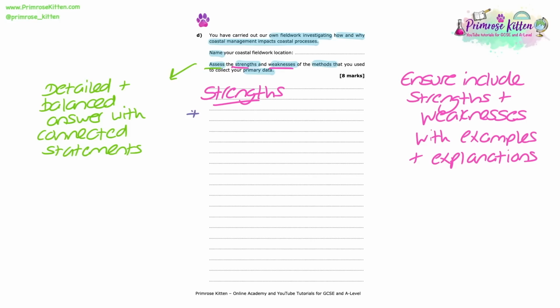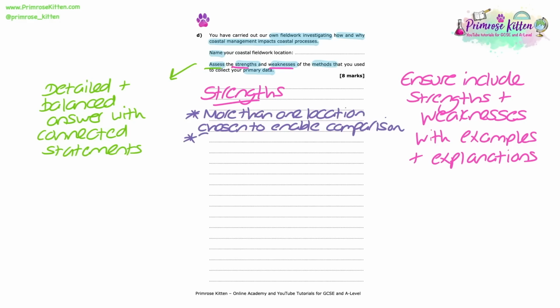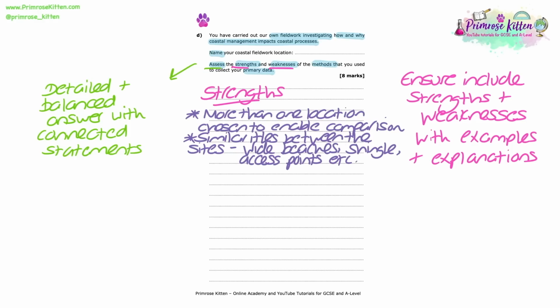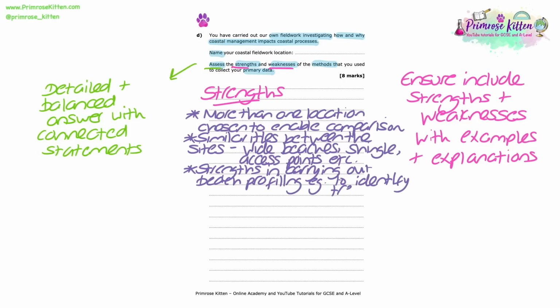Your response here will obviously be dependent on the methods that you used for your fieldwork investigation, but possible strengths might include that you used more than one location to enable comparison between the 2 sites, that you also looked for similarities between the 2 sites, for example, wide beaches, presence of shingle, access points and footpath, and your strengths in carrying out beach profiling to identify trends.